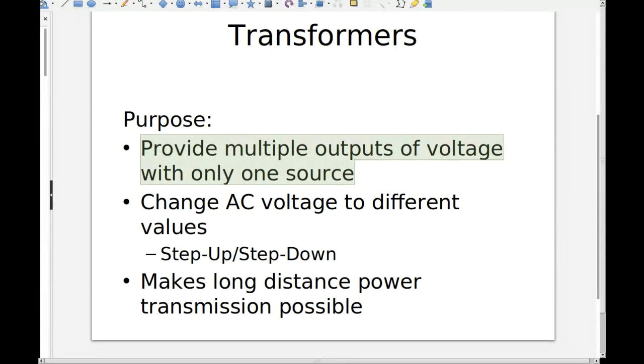So instead of running those at the lower voltage of 120 volts, those run at 240, which means you reduce the amount of current you need to power those. Because they use twice the voltage, they only use half the current.